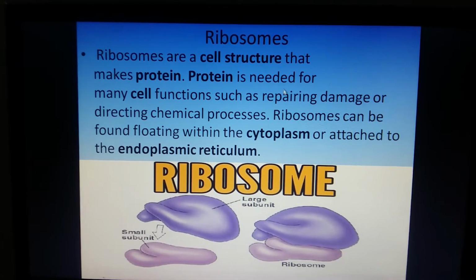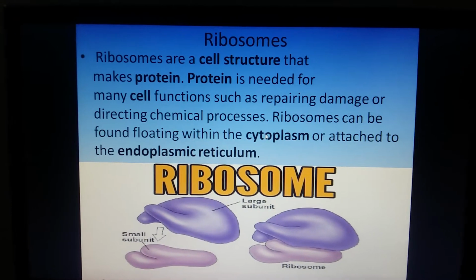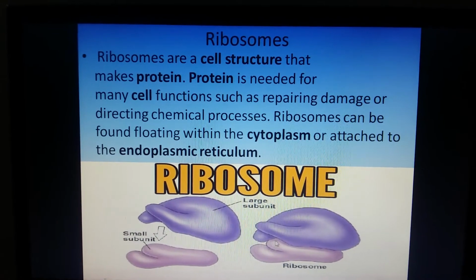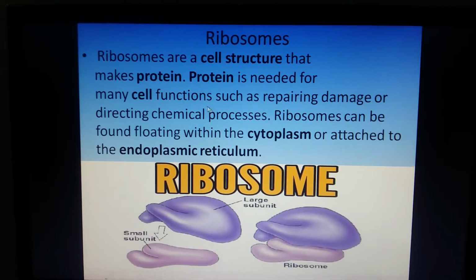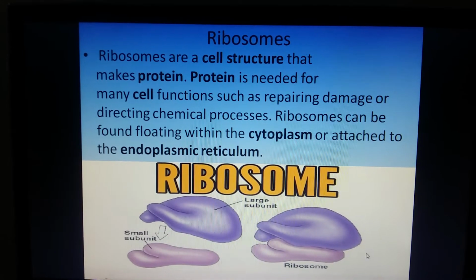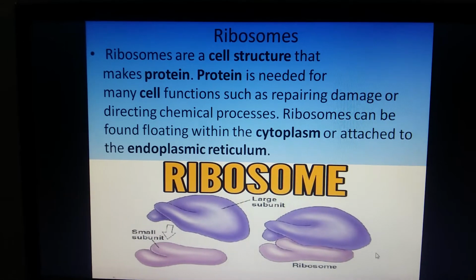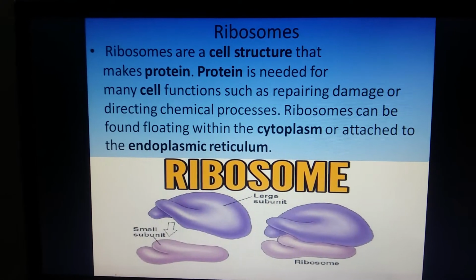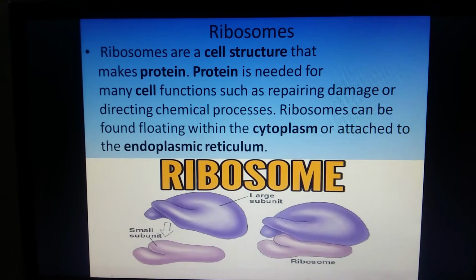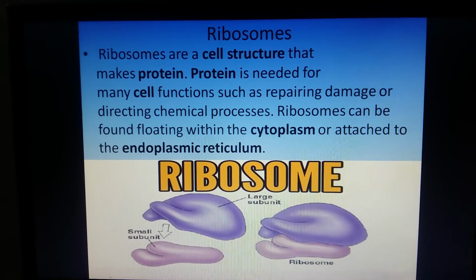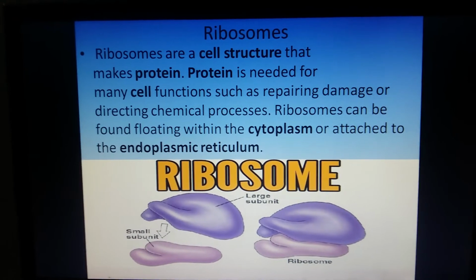Now, these are ribosomes. Ribosomes are cell structures that make protein. Protein is needed for many cell functions such as repairing damage or directing chemical processes. We already know that protein is a body building nutrient. It is responsible for repairing the wear and tear in the cell, in the body.